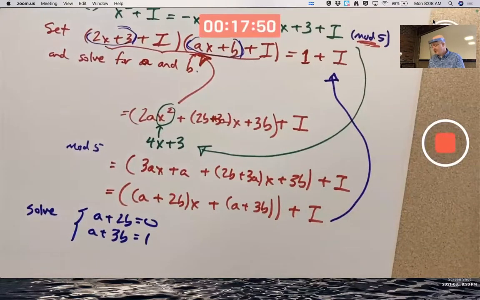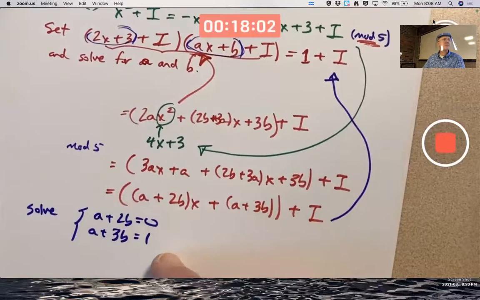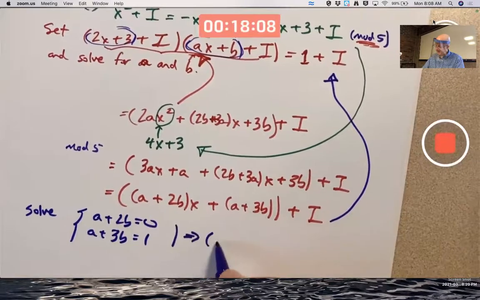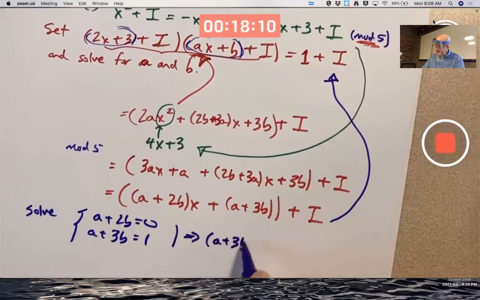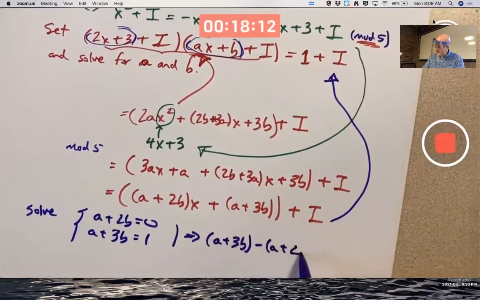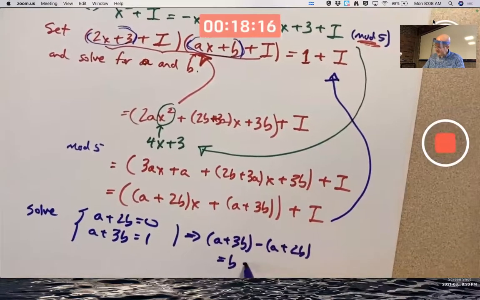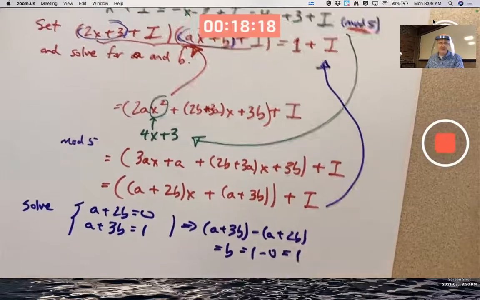So, you could just experiment to see if you can find anything, but you also could solve it in the usual way, being careful. For example, I could subtract the top equation from the bottom equation. I could do a plus 3b minus a plus 2b. That equals b, but it also equals 1 minus 0, which is 1. So evidently b must be 1.